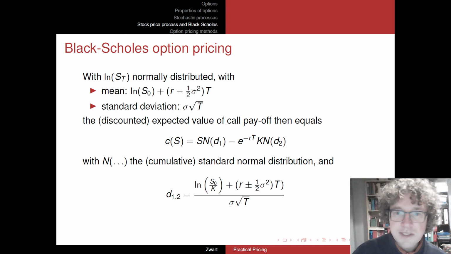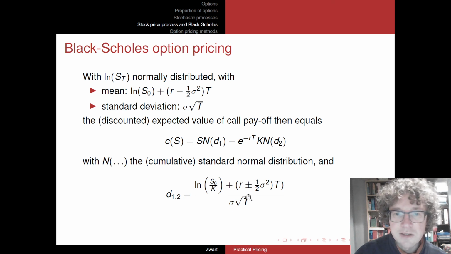And these D1 and D2 are made up of the different parameters that we have. They're made up of the stock price today, the K, the strike price of this option, this interest rate r, and then the first part, D1, will have a plus sign here, so plus a half times sigma squared times T. And the second bit, the D2, will have the minus sign over here.